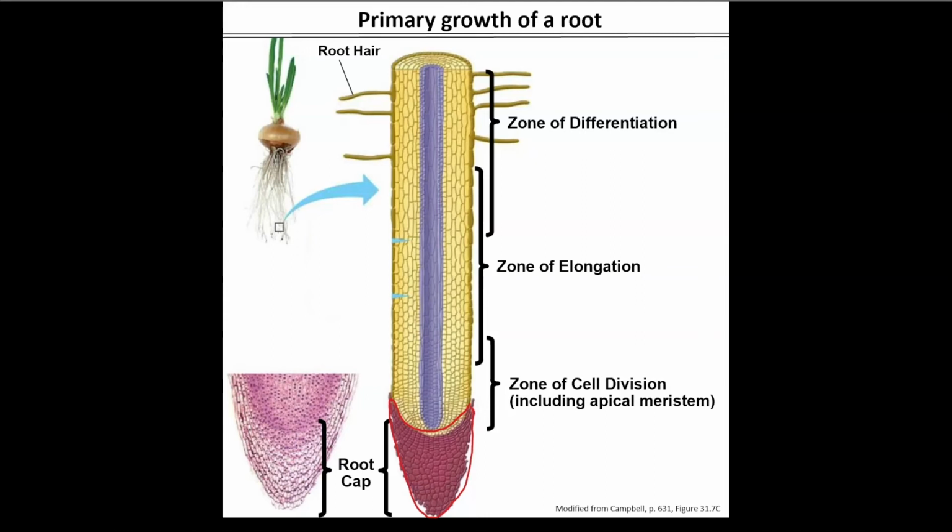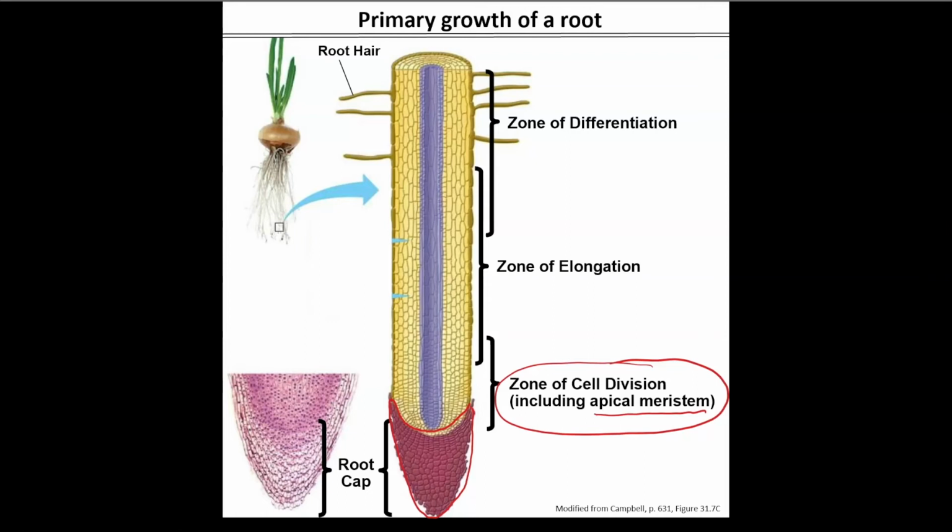Okay? Then, to give it that force, to give it that pushing force, you've got the zone of cell division. This zone of cell division includes what's called the apical meristem. This is the region where you are actually going through active mitosis of the cells. The active mitosis of the cells means they're reproducing themselves, and then after they've reproduced, which you can identify in a slide by the number of times you can see mitosis happening in cells that have stopped.